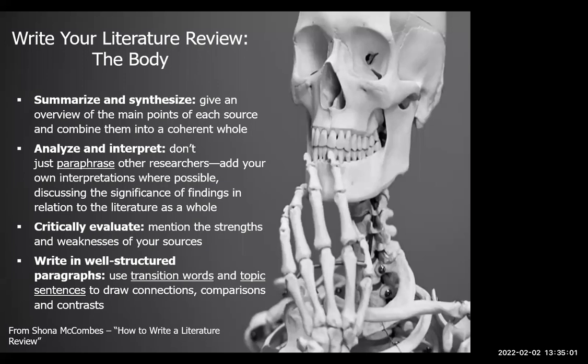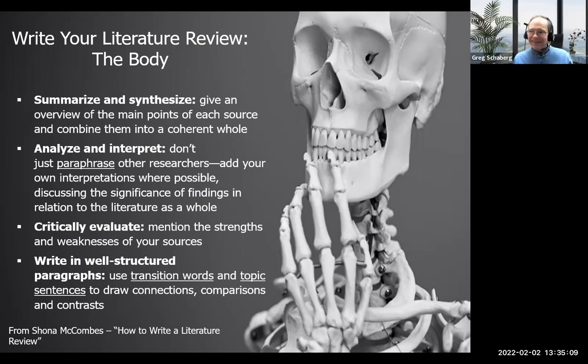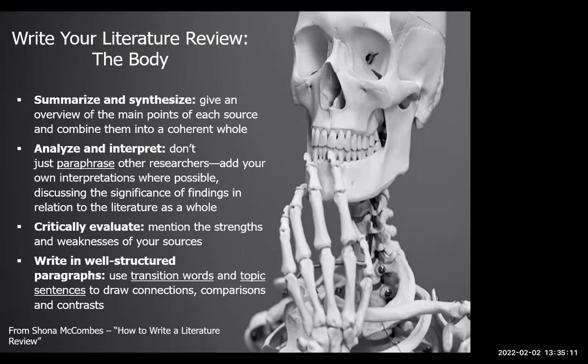All right, perfect. So when you're writing the body of your literature review, there are some aspects that you need to consider. You want to summarize and synthesize: give an overview of the main points of each of the sources and combine them into a coherent whole.